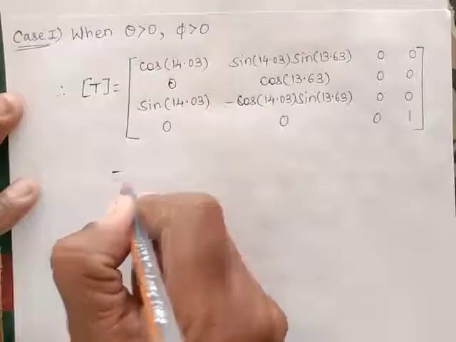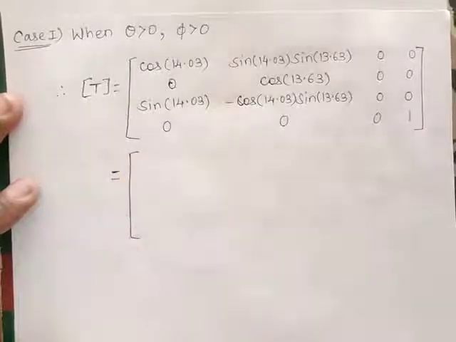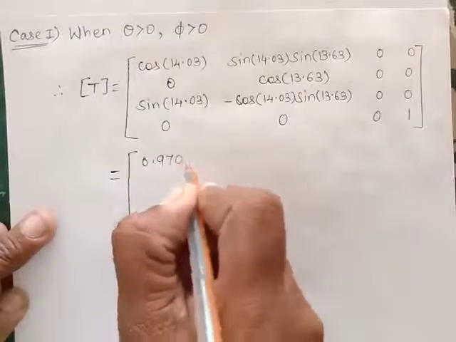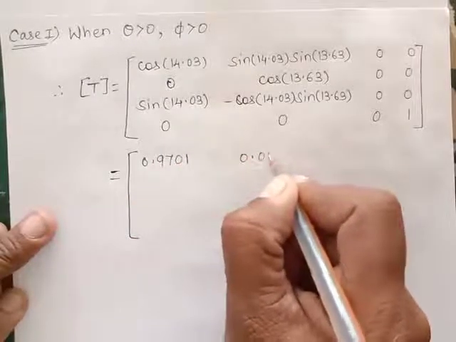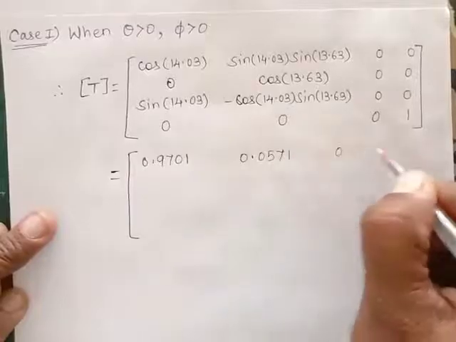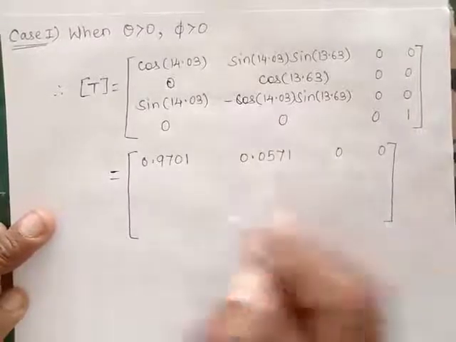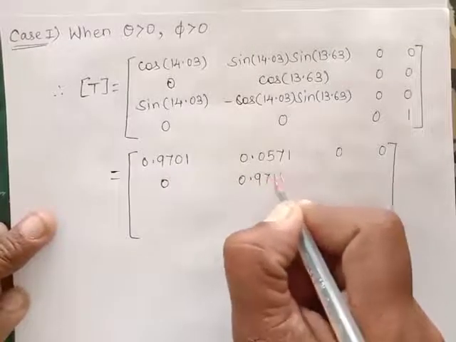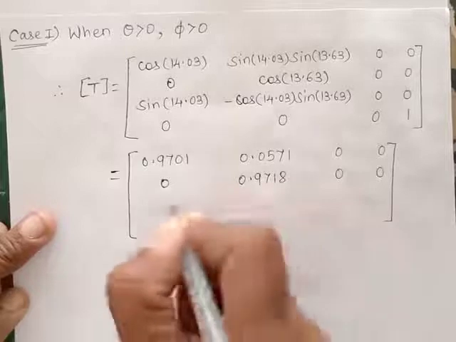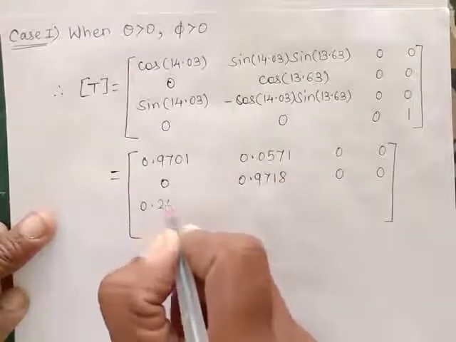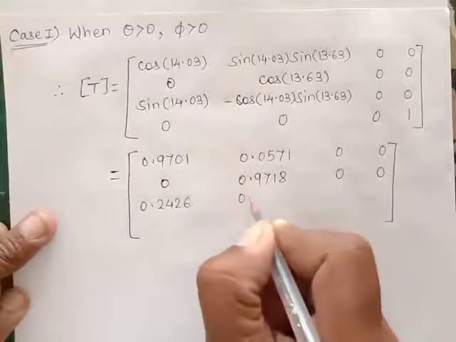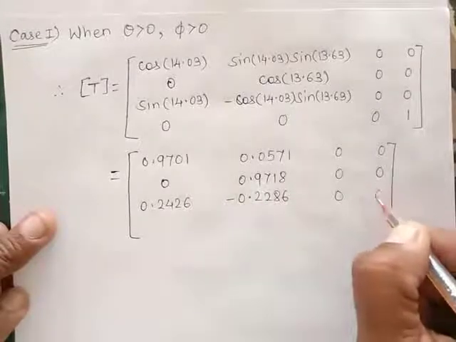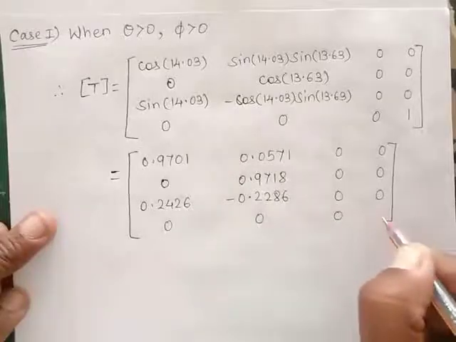Okay. What are the values here? The values are 0.9701, 0.0571, 0, 0, 0, 0.9718, 0, 0, 0.2426, 0.2286, this has a negative sign, 0, 0, 0, 0, 0, 1.